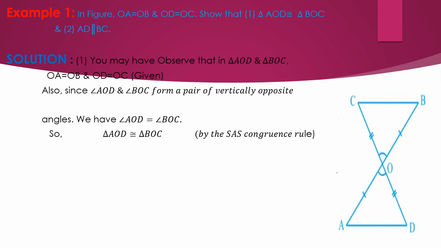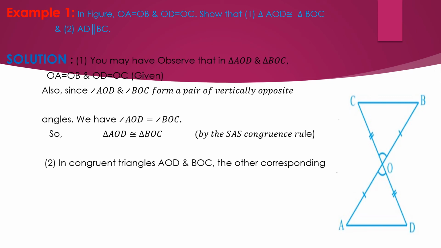Now we have to prove another one, that is AD is perpendicular to BC. For that, in congruent triangles AOD and BOC, the other corresponding angles are also equal.